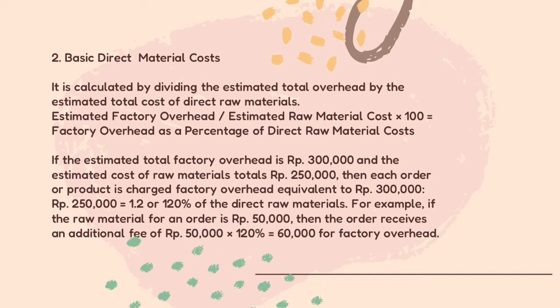For example, if the raw material for an order is 15 rupiah, then the order receives an additional fee of 15 rupiah times 120% equal 16 rupiah for factory overhead.